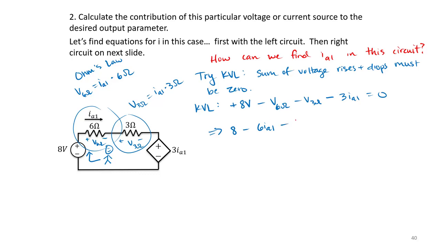So notice we can determine in this case 8 minus 12 IA1 is equal to 0.